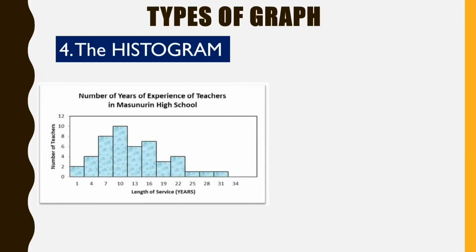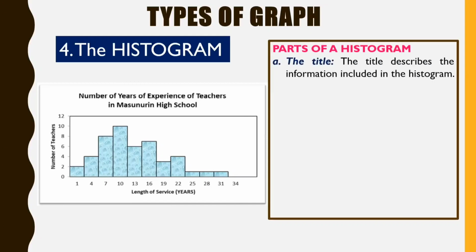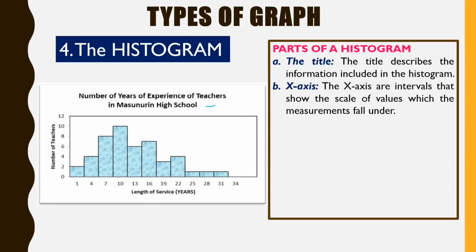Here is another example of a histogram. Let us look into each part of the histogram. The title describes the information included in the histogram. The x-axis, or the horizontal axis, shows intervals that show the scale of values which the measurements fall under.